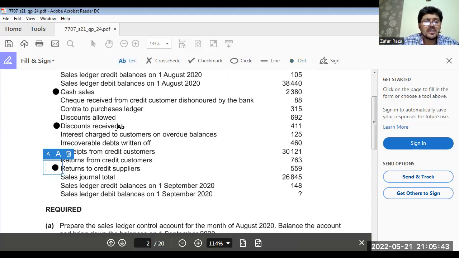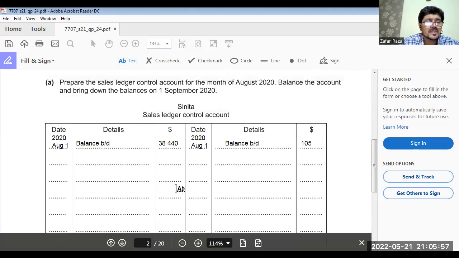Okay. So credit sales, we obtain from the sales journal total 26,845. Now the date here, we have to write 31st.